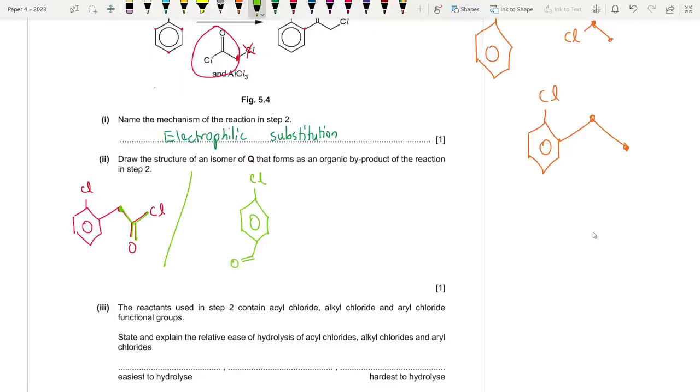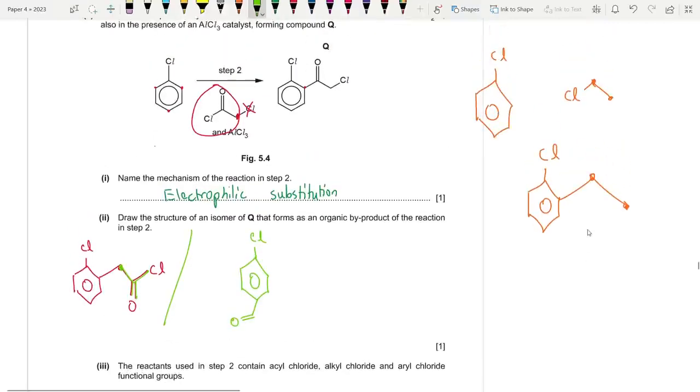Friedel-Crafts acylation, okay? 1, 2, chlorine like this, or the alternate of this is just Friedel-Crafts alkylation but on the 4th carbon, okay? Chlorine over here but Friedel-Crafts alkylation.